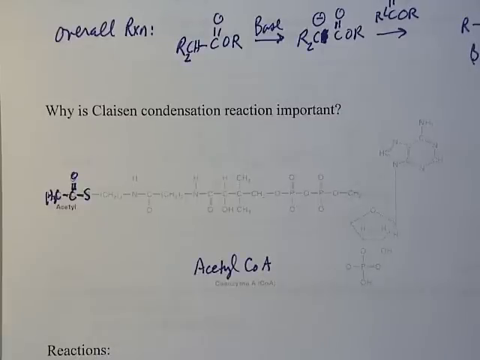What happens in the biological world is a reaction catalyzed by an enzyme called thiolase, in which one acetyl-CoA is converted to its enolate and then reacts with a second molecule of acetyl-CoA, just like you've seen before in the Claisen reaction.